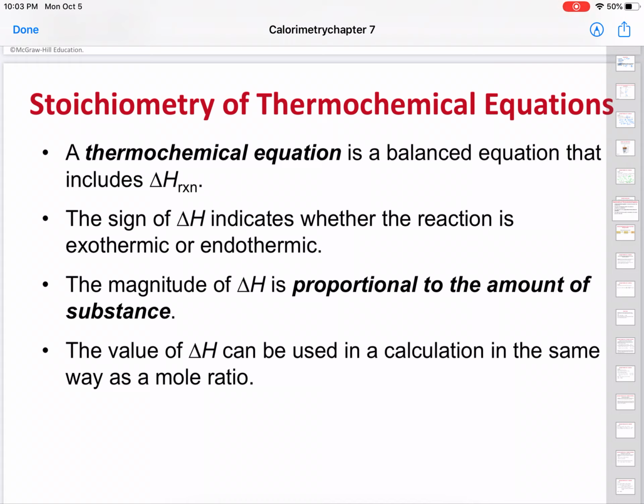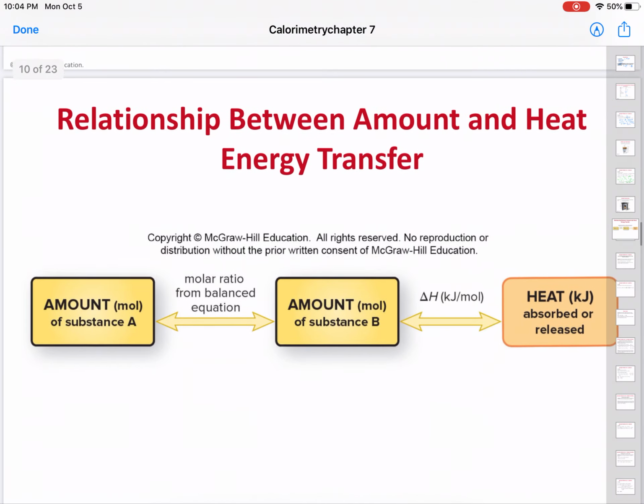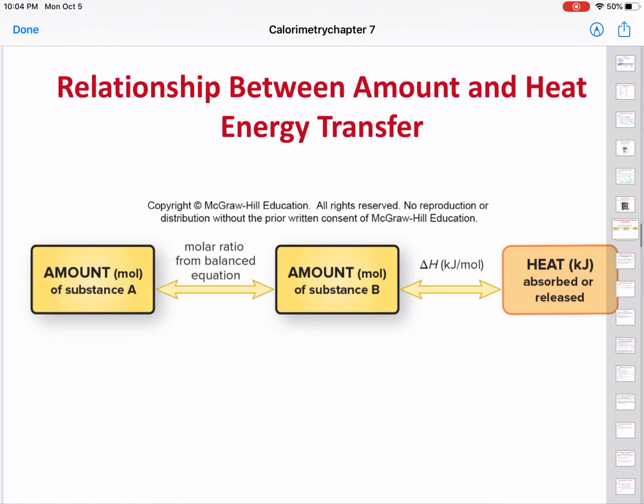The magnitude of delta H, how big it is, is proportional to the amount of substance. The value of delta H can be used in a calculation in the same way as a mole ratio. So this summarizes the relationship between amount and heat energy transfer.